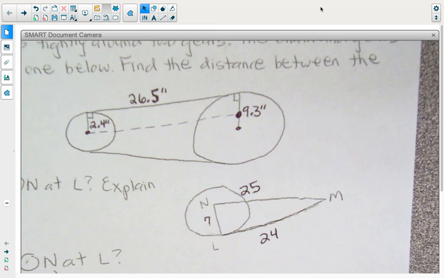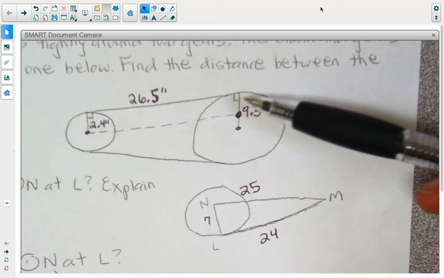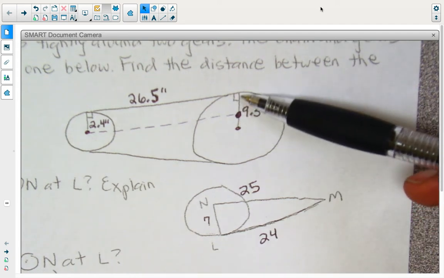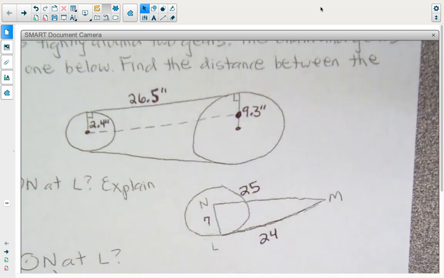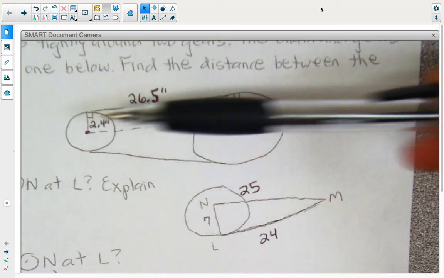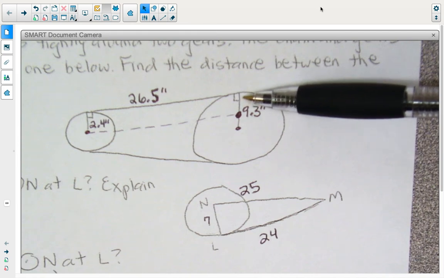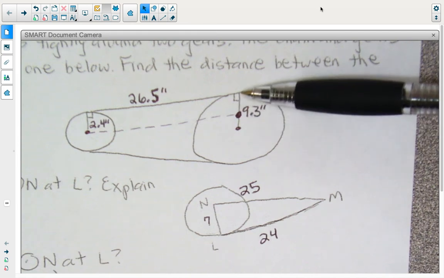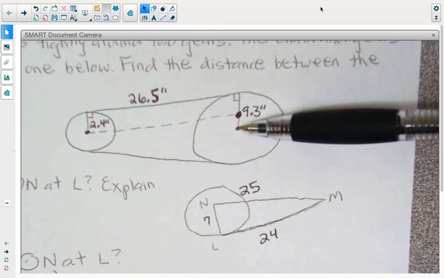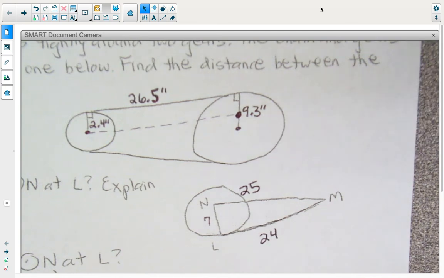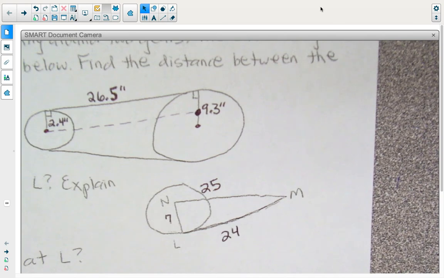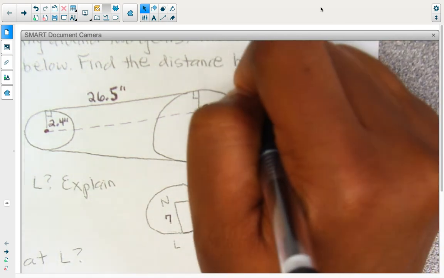If I know that this whole section is 9.3, and I know that this section here is 2.4, I can subtract to find my missing section. So let's do that again. I know that this is 2.4, and the whole thing is 9.3. To find my missing number, I can just subtract, so I'm going to do 9.3 minus 2.4 over here to the side.